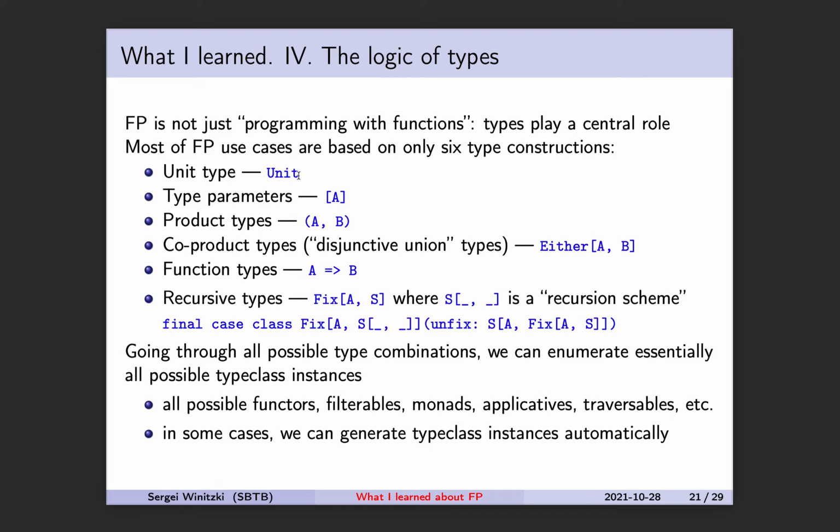And these are unit type, type parameter, product type, coproduct or disjunctive union, function type, and type recursion, a recursive type with a recursion scheme, which I will not talk about in detail, but this is very important as a construction.